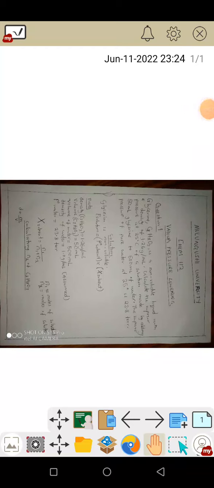Vapour Pressure Lowering. This is a question taken from one of the lecture slides from Olungushi University, and the question reads: Glycerine, which has the chemical formula C3H8O3, is a non-volatile liquid with a density of 1.26 grams per milliliter.